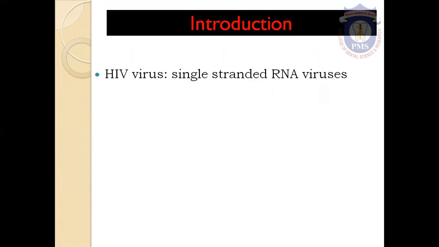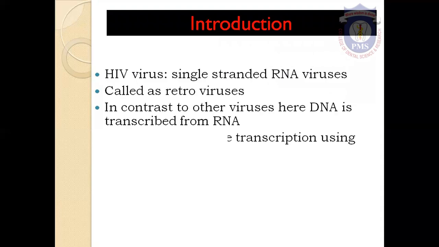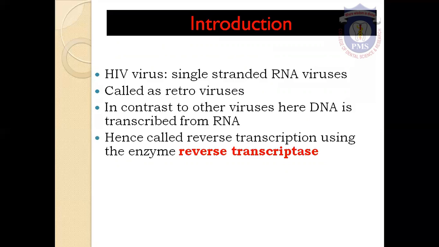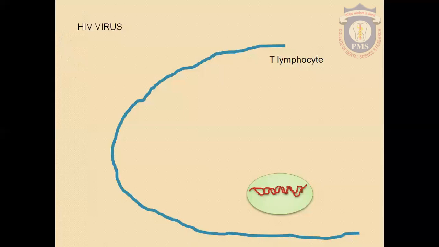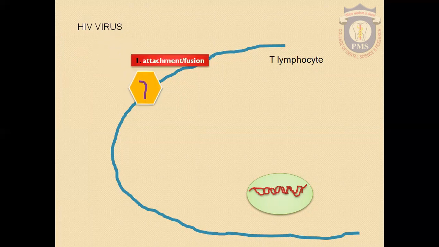The HIV virus is a single-stranded RNA virus. It is also called a retrovirus because, in contrast to other viruses, here DNA is transcribed from RNA. The enzyme responsible for this process is known as reverse transcriptase. In T lymphocytes, the HIV virus attaches to the corresponding cell, and there is release of viral RNA by the uncoating process.